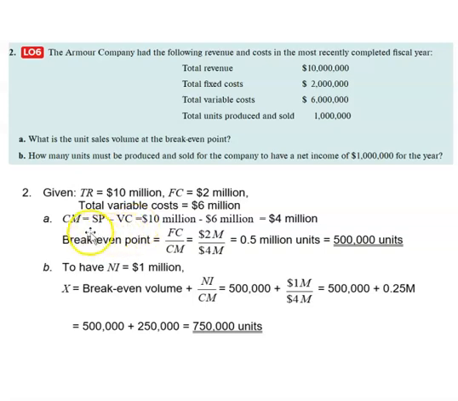But if we wanted to actually come up with the contribution margin ahead of time, then it would be your SP minus your VC, which would be 10 million, which is your selling price or your total revenue, minus variable costs of 6 million. So therefore you would have a contribution margin of 4 million.